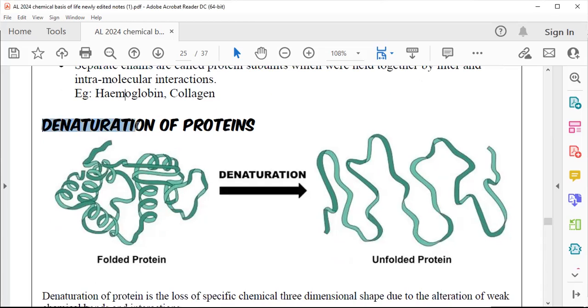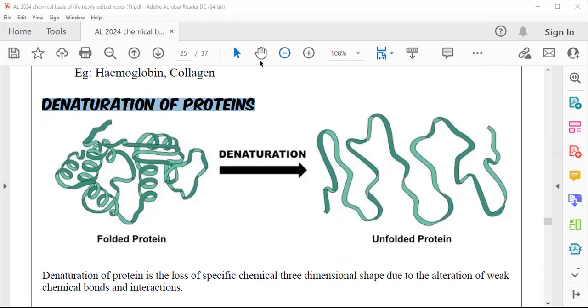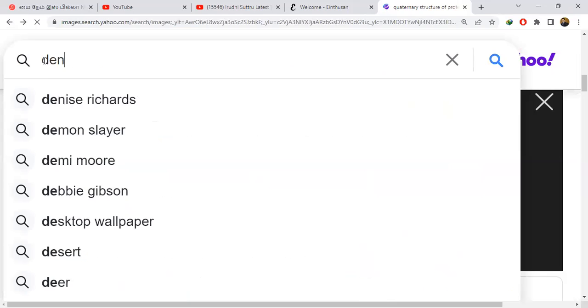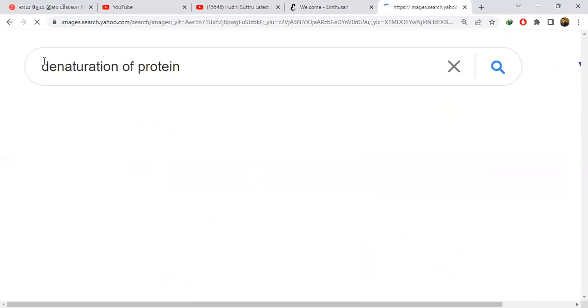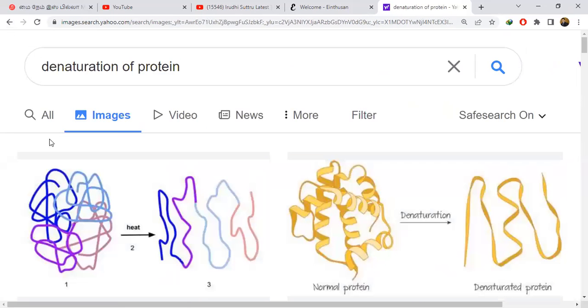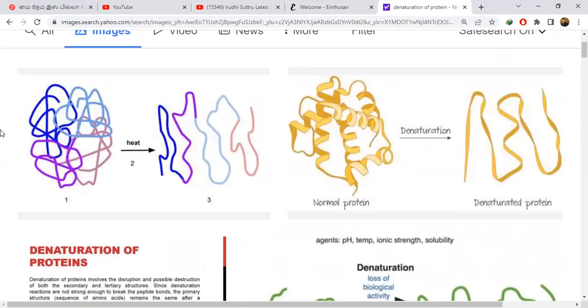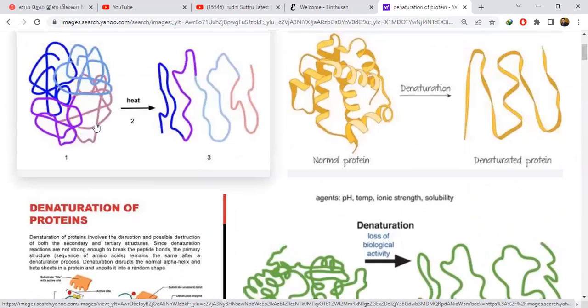We are coming to the heading called denaturation of protein. If you take all these diagrams, one thing you can notice: a protein molecule is losing its structure.